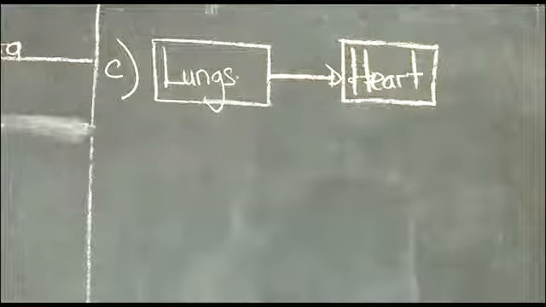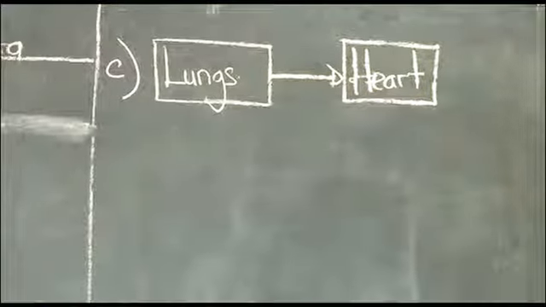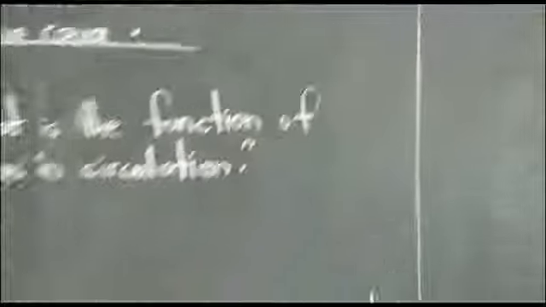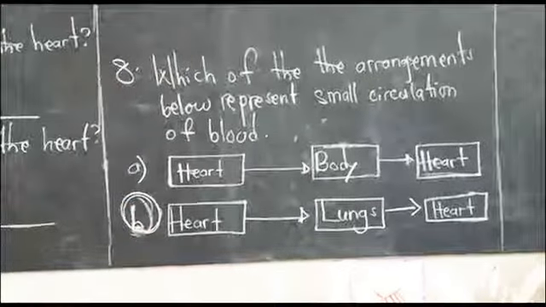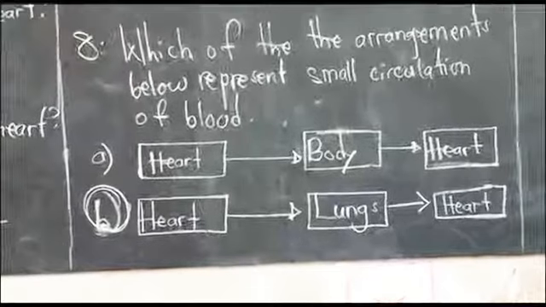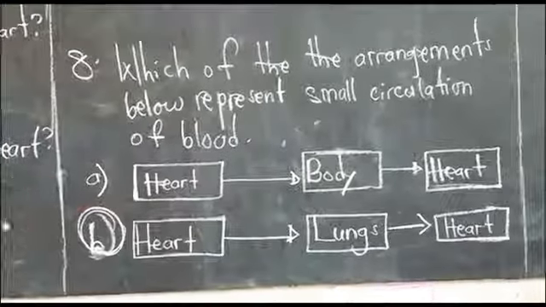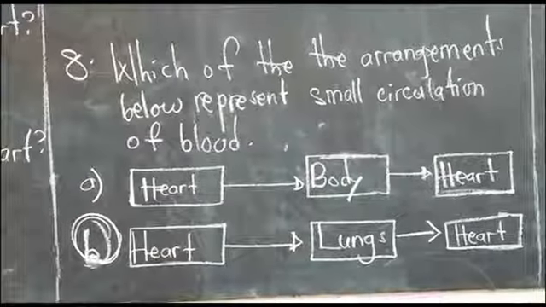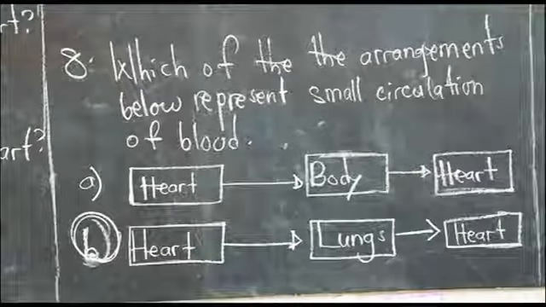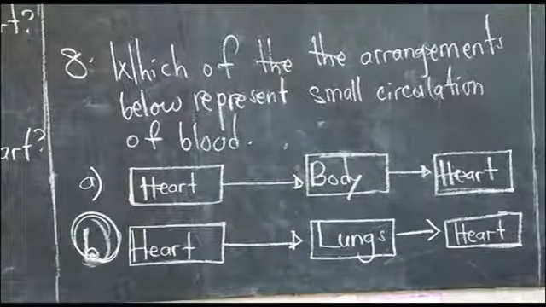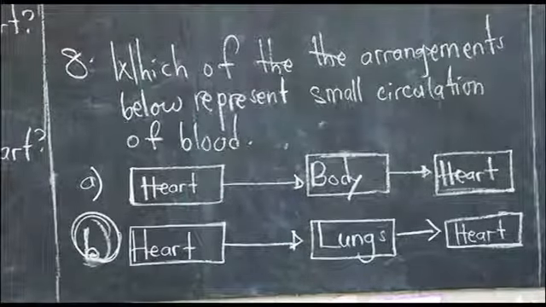Part B will be our answer. The movement of blood from the heart to lungs and back to the heart is the small circulation, because from heart to body and back to the heart represents big circulation.